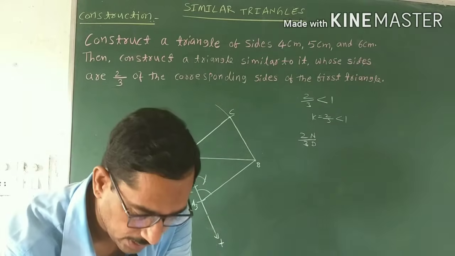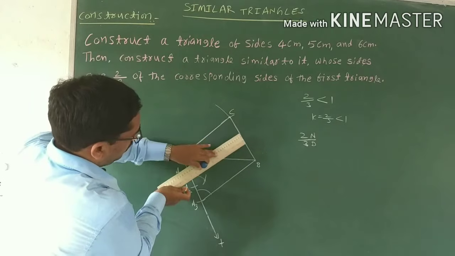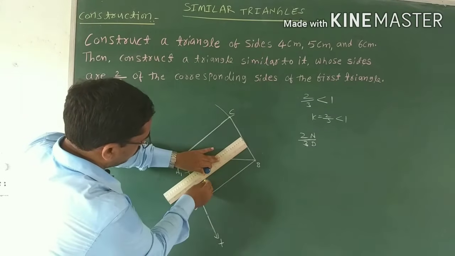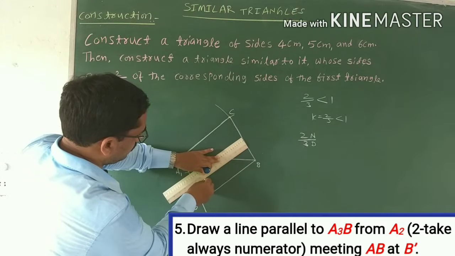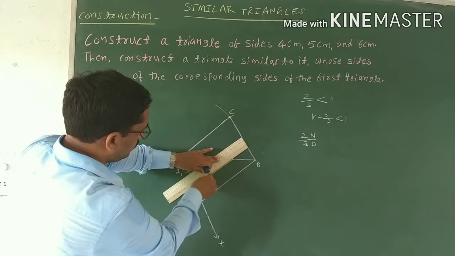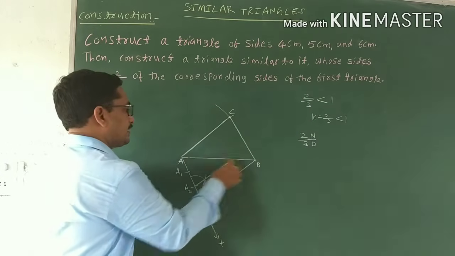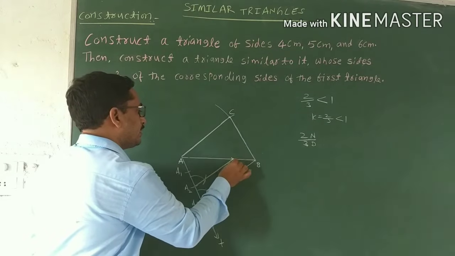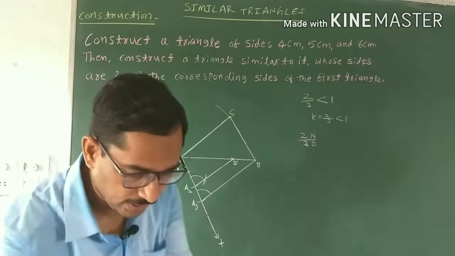Now, locate the point of intersection of the 2 arcs. Now, draw a line from A2 which is parallel to A3B, which intersects AB at B dash.